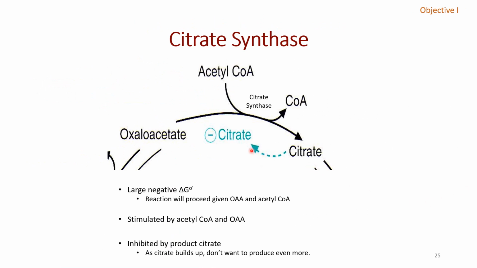Okay, just a reminder, we mentioned this before, but if the cell has plenty of energy and you don't really need a lot of TCA cycle activity, then it's important to spare the acetyl-CoA and not send it into the TCA cycle. So under these conditions, if the TCA cycle is not running very well, if you remember, citrate to isocitrate has a positive delta G, which means you'll favor citrate formation.